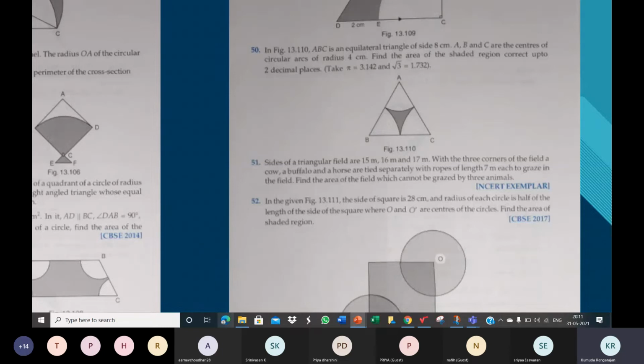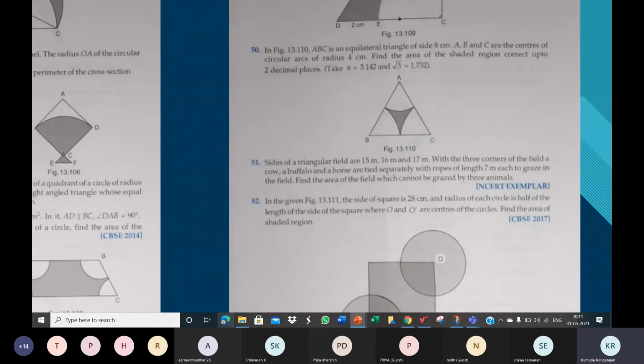It's not an isosceles triangle. If you knew two angles, you could find the third by the angle sum property. So here you cannot find the sector angles. When we don't know the sector angles, how can we find the areas of the sectors separately?